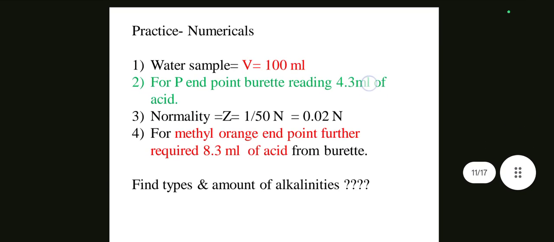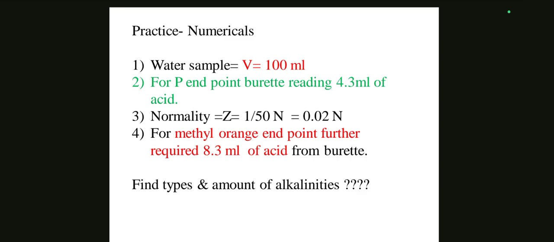Now one numerical for practice. Here the water sample is 100 ml, P end point 4.3, normality 1 upon 50 N. It means simple calculation, 1 divided by 50, that is the normality 0.02.